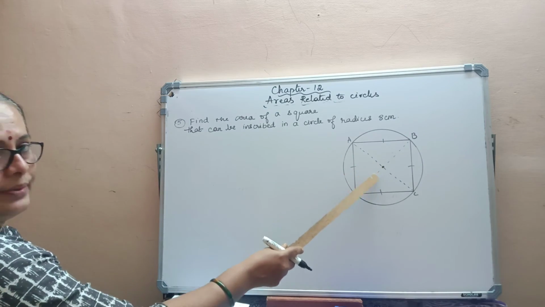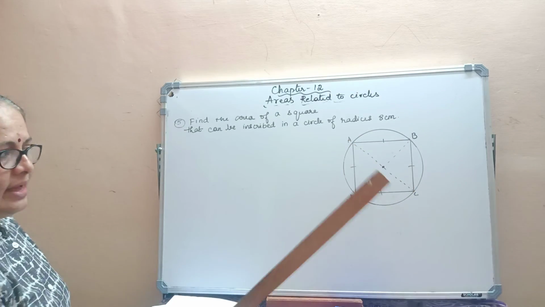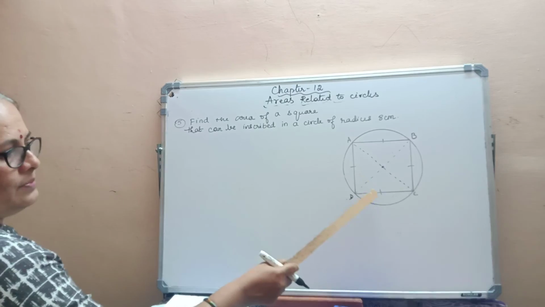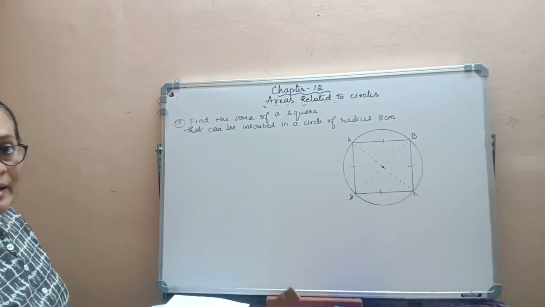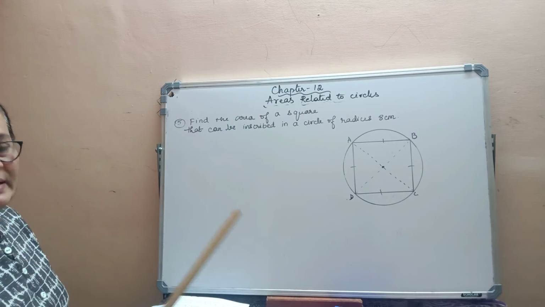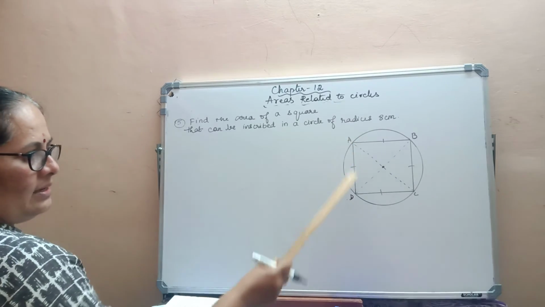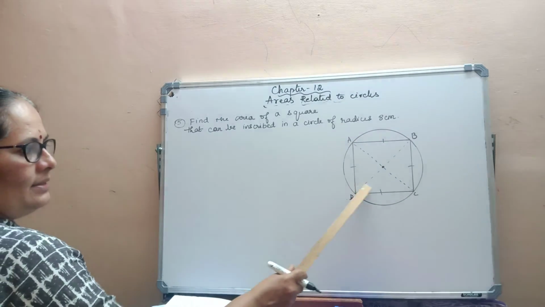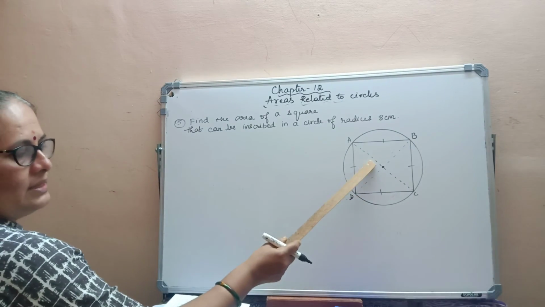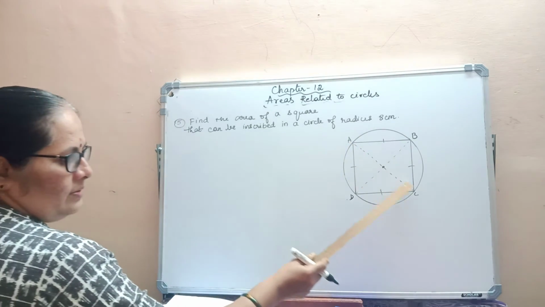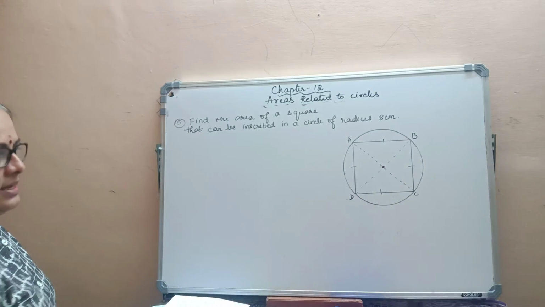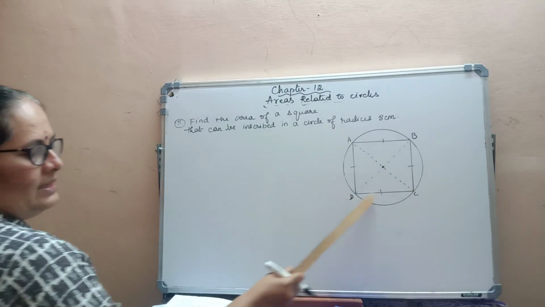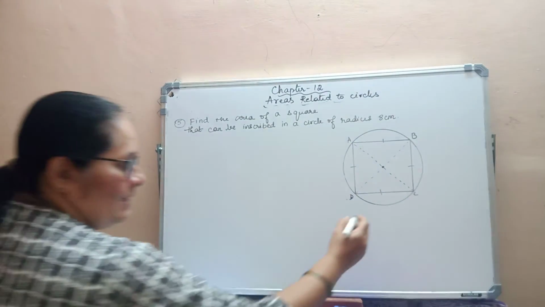Diameter is equal to the hypotenuse, and you know that in a square all four sides are equal and each angle measures 90 degrees, so ADC is a right angle triangle. In the right angle triangle, apply Pythagoras theorem, where hypotenuse AC is 16, and AD and CD are equal, take as x.